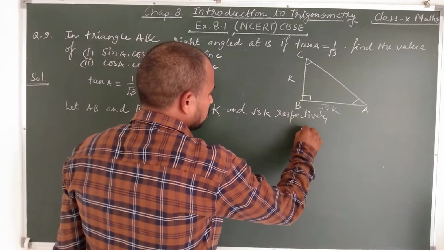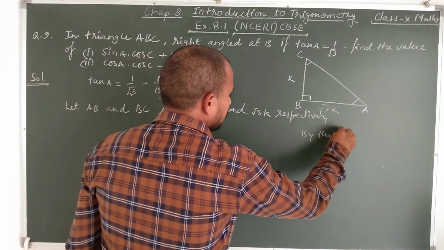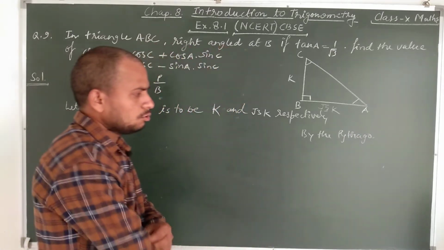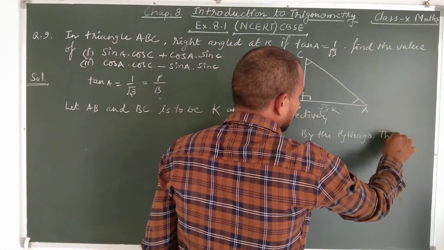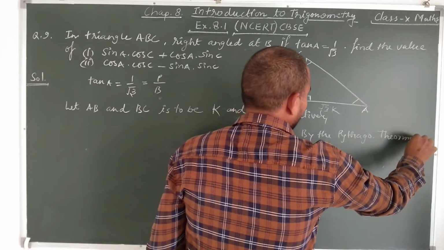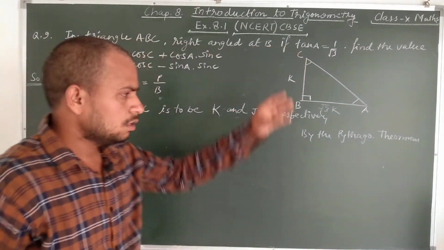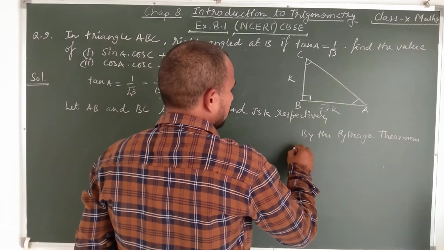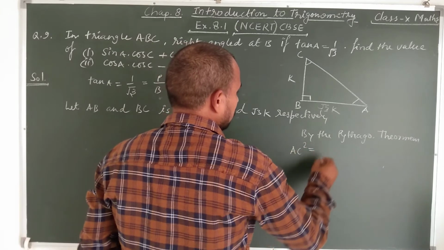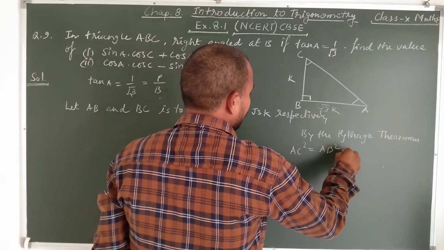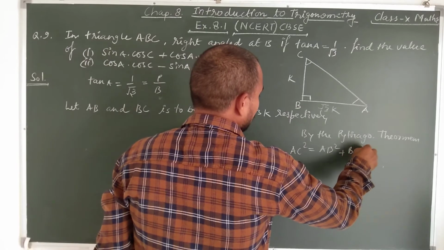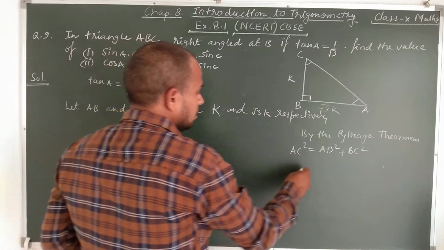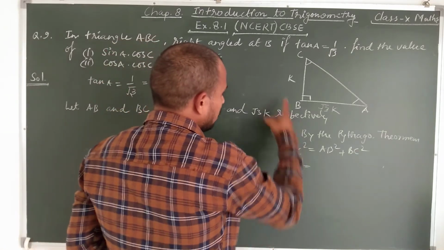So by the Pythagoras theorem, also known as Baudhayan theorem, square of AC equals square of AB plus square of BC. We have to find AC.